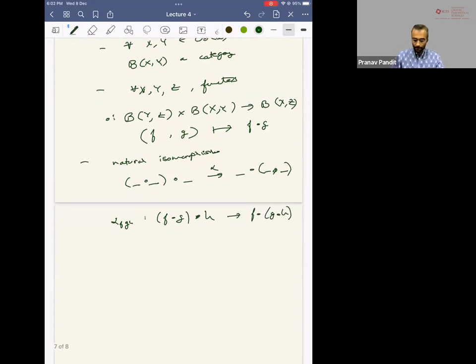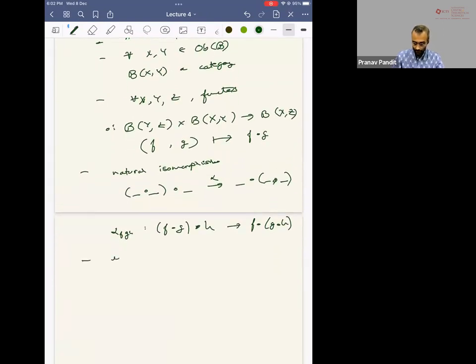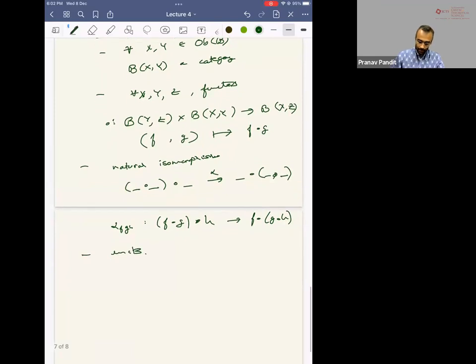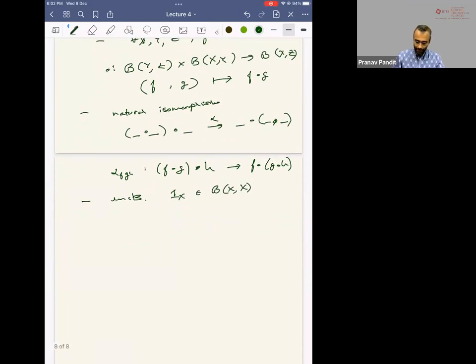So you have these maps satisfying various things. Oh, sorry, I should say units: unit objects 1x in Bxx, satisfying coherence conditions.